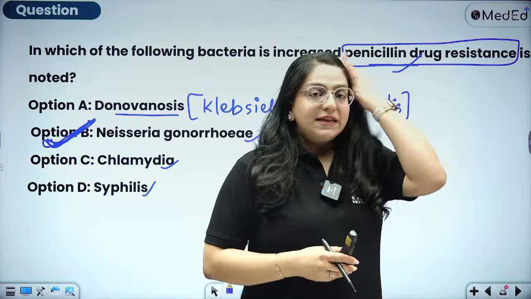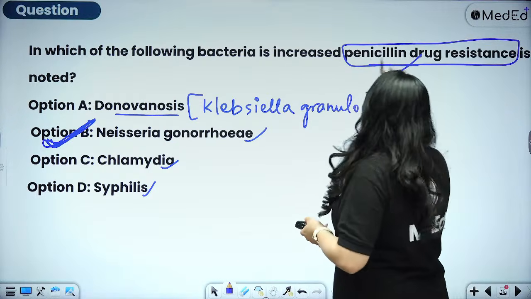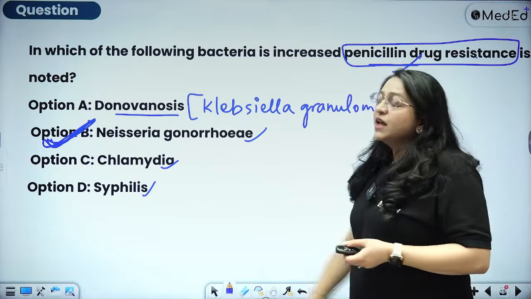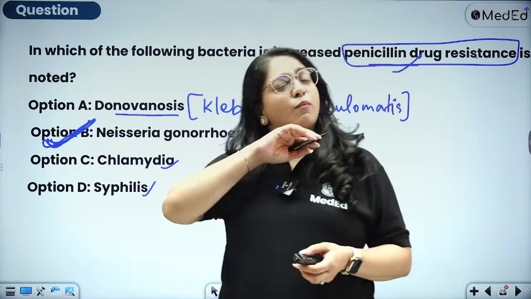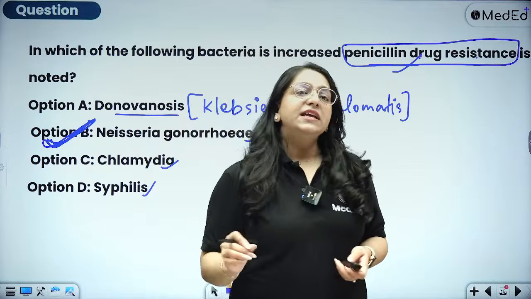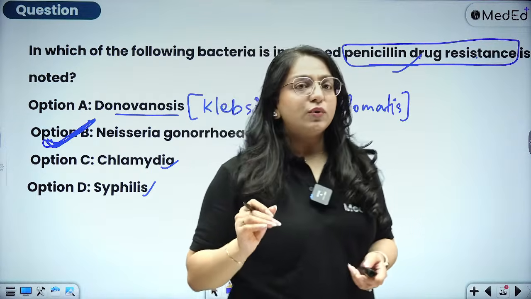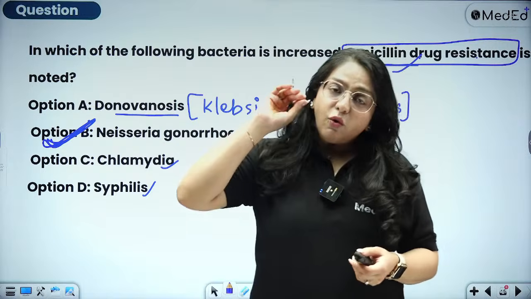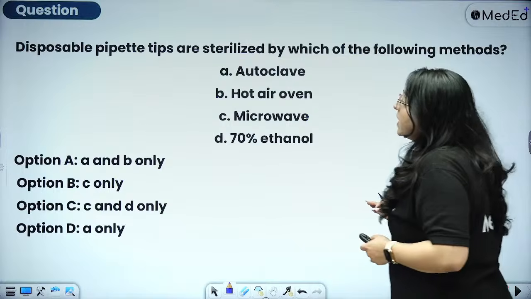So because of the beta lactamase, which is the penicillinase enzyme production, Neisseria gonorrhoeae shows penicillin drug resistance. So out of all of these, your answer is going to be Neisseria gonorrhoeae. Neisseria gonorrhoeae is one of the most favorite questions, especially it is compulsory that in INI CET you are going to get a question on STDs, and it is almost always on Neisseria. Okay, so you cannot afford to miss STDs.